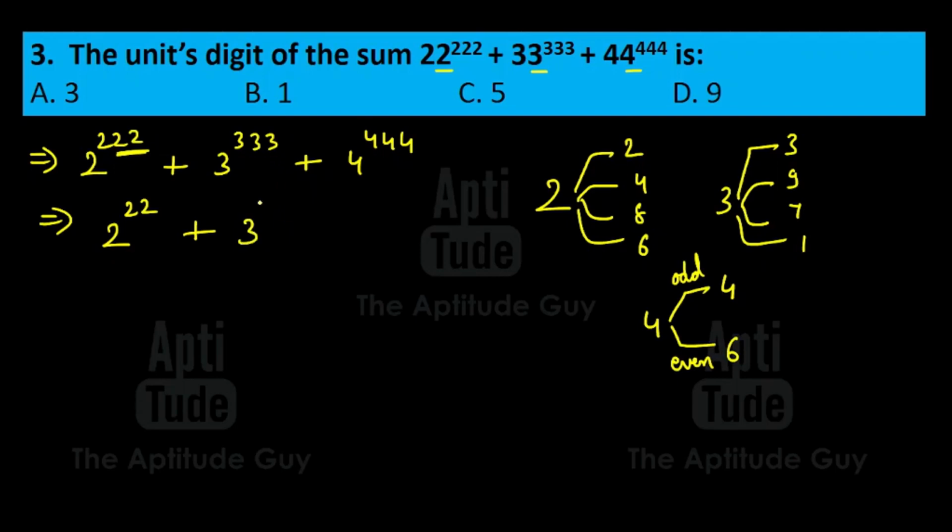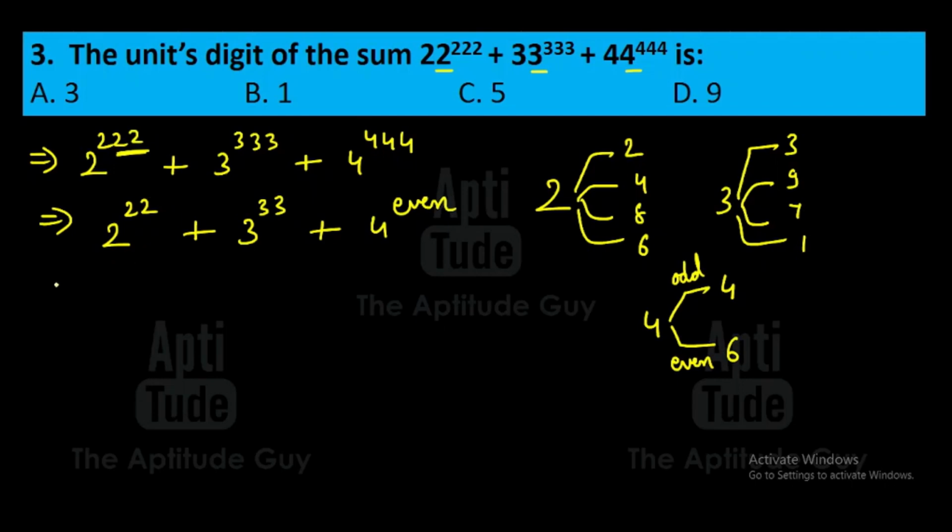So 3 to the power 33 plus 4 to the power what? Do we care about the last 2 digits over here or do we only care about odd or even? We only care about odd or even. Remember, when the base value is 4 or 9, we only care about the power being odd or even. That's all. Now 444 is odd or even? It's obviously even.